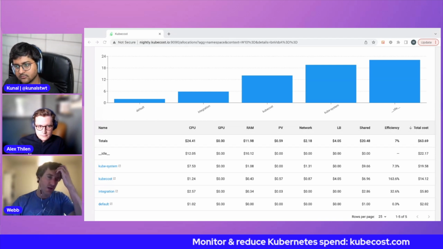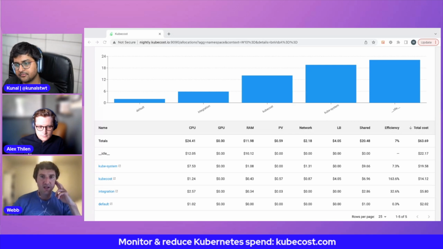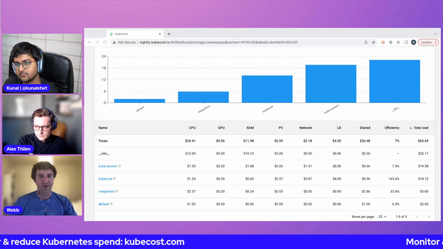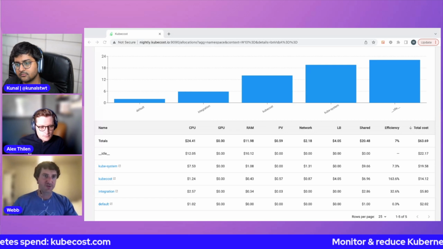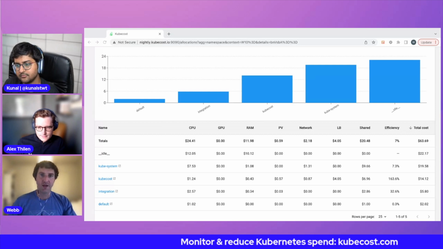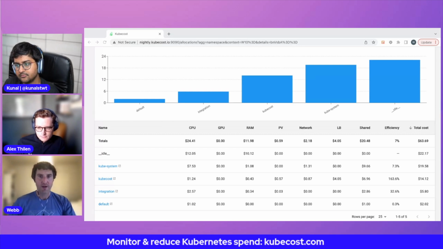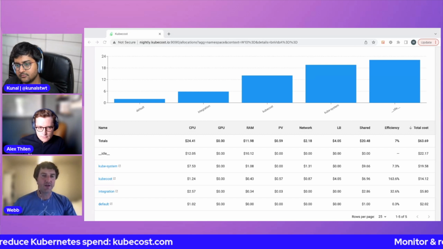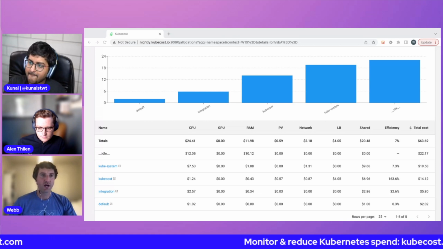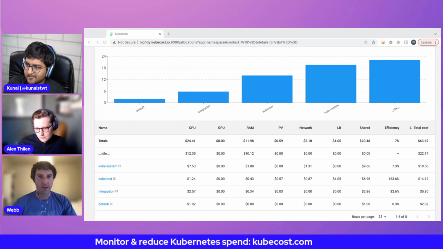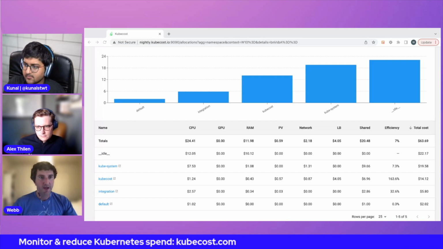Sometimes, depending on your use case of Kubernetes, your shared resources may be a very significant part of your overall resources, right? If you're doing a lot with observability or logging or maybe even security tooling, it can be substantial. Allocating those back to teams gives a fair and accurate picture of their share of those costs and what their overall cost consumption actually is.